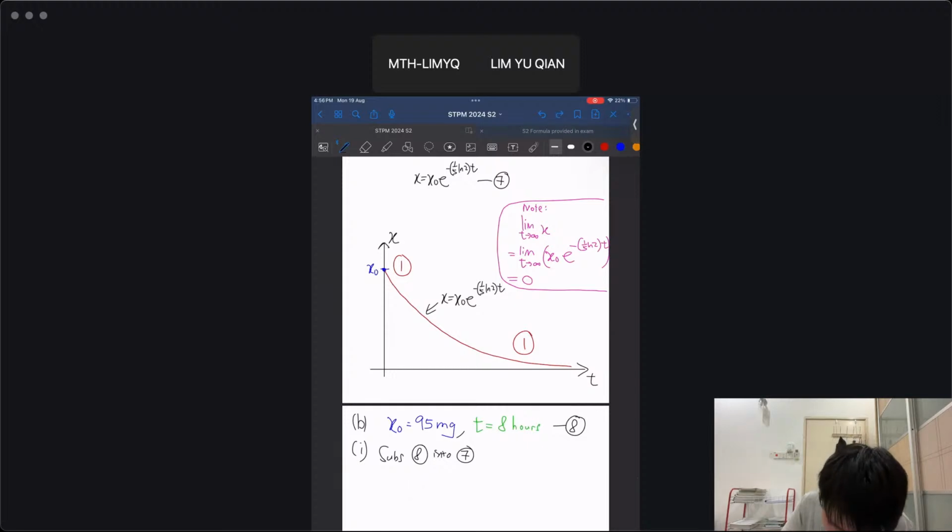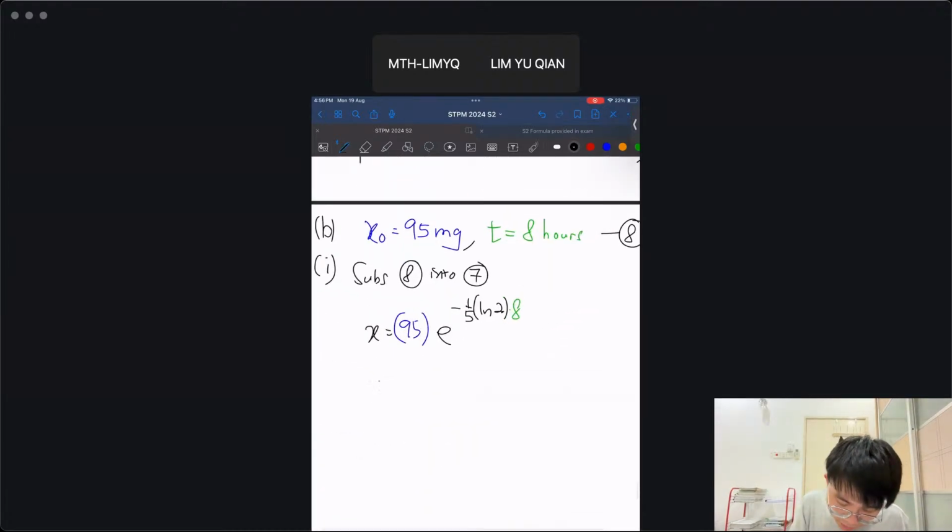x equal to x naught, 95. No need to put a unit first, then we only put it at the final answer. Minus 1 over 5 ln 2 multiplied by t, which is 8. So this value you need to calculate.